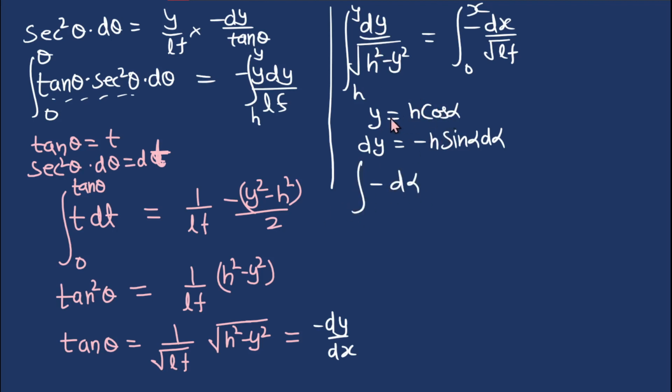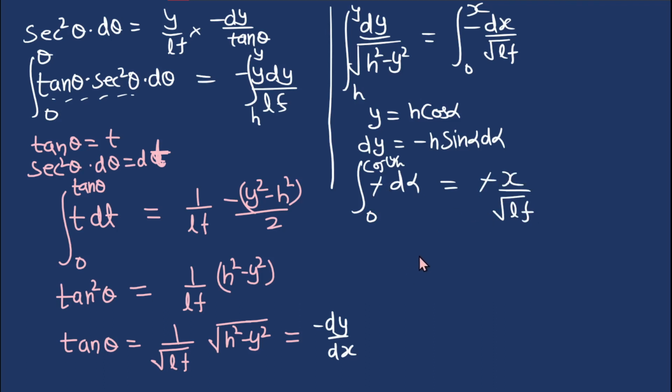So here the value of alpha was equal to cos inverse y by h, right? So cos inverse y by h, and if we put the value of y as h, cos inverse 1 will be equal to 0, and in the upper limit we'll be getting cos inverse y by h here, and that is going to be equal to minus of, again the integration is of 1, so the result will be minus of x by root of LF. So these two minus will also get cancelled out.